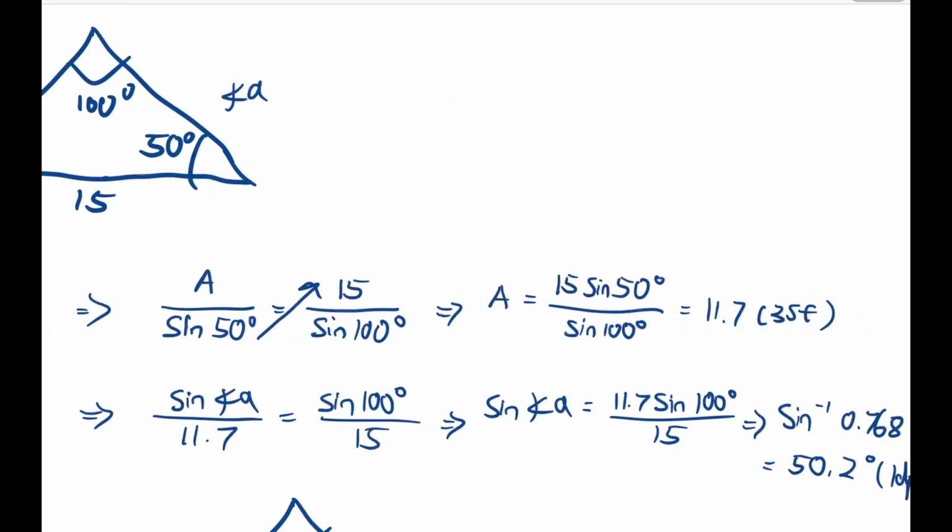Over here, very commonly people do cross multiplication, but what I like to do is to have the unknown at the top left, so I can just throw the sine 50 upwards and then have this as what A is. So A equals 15 sine 50 over sine 100 degrees. I can just put this into my calculator, make sure it's in degree mode, and then get my answer for A.